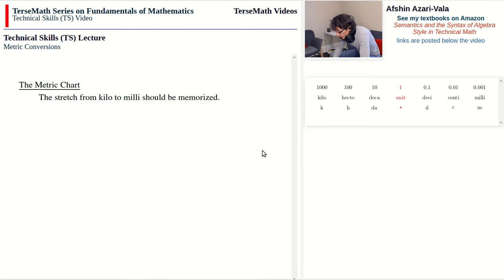Okay, so what I recommend to memorize the list is that you go with 3 at a time. So sort of memorize the ones on the left, the larger ones, and keep telling yourself kilo, hecto, deca, or however it is that you memorize things. And then do the right side separately, deci, centi, and milli. Doing all 6 at the same time is a bit difficult, and don't forget the unit that's in the middle of it.